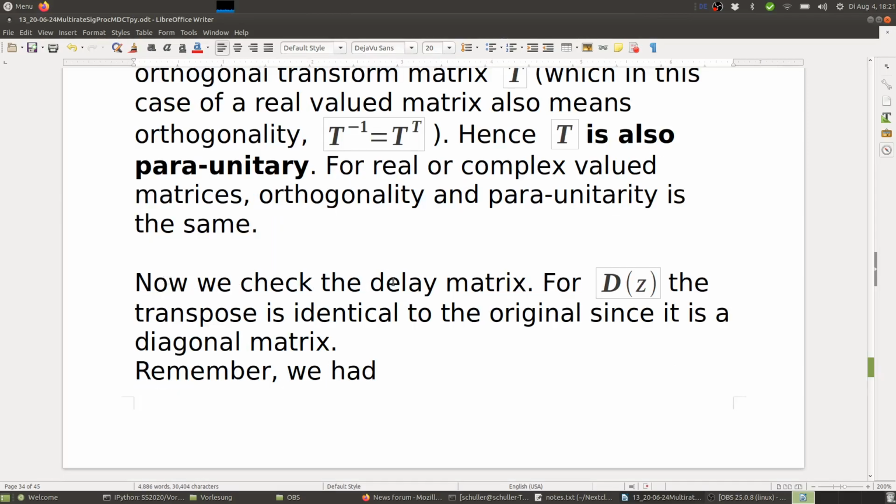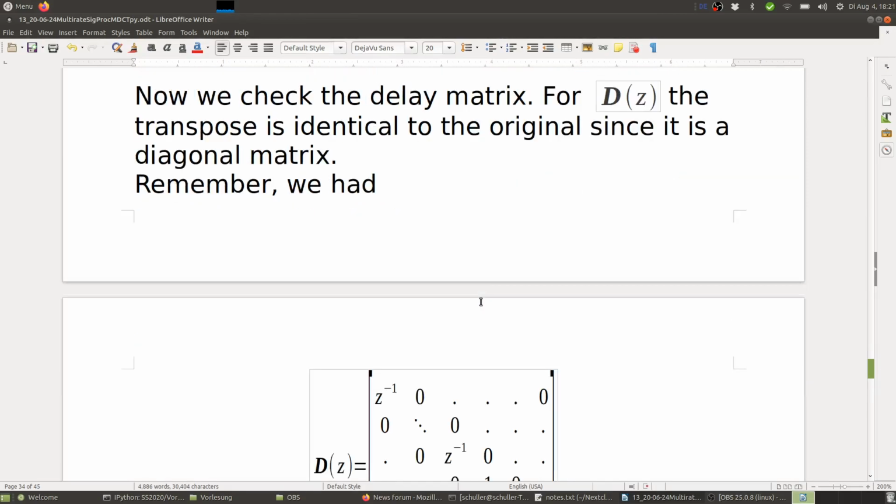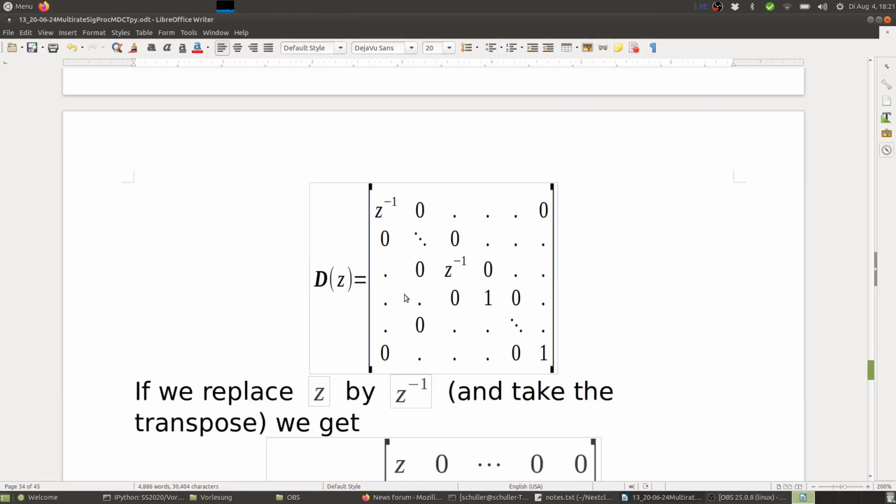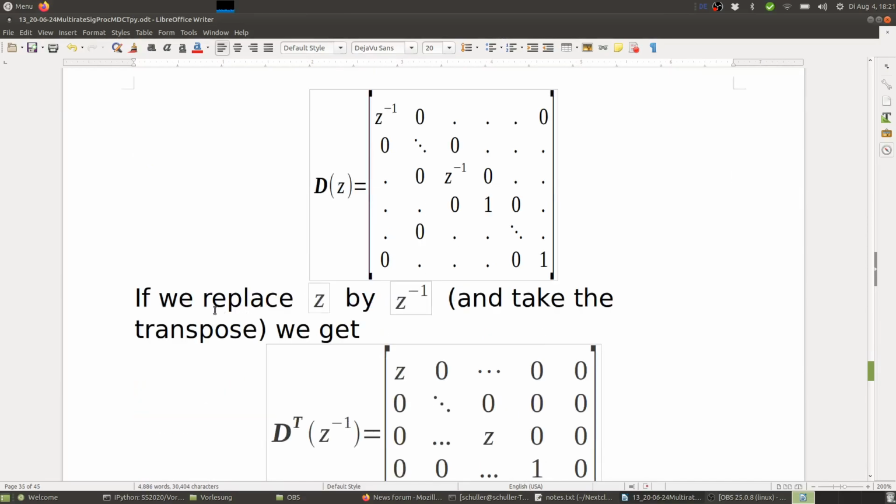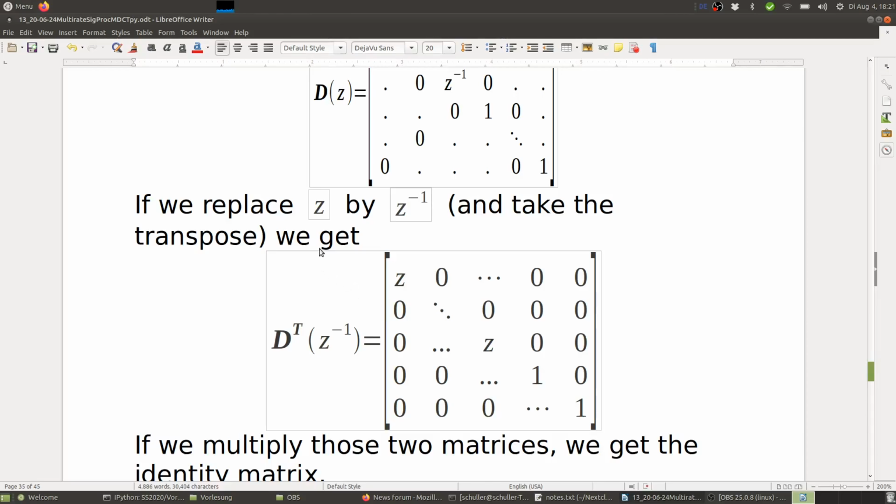Now we check the delay matrix. For D of z, the transpose is identical to the original since it is a diagonal matrix. Remember, we had this definition here. And if we replace z by z to the -1 and take the transpose, which is not really necessary here because it's a diagonal matrix, we get this. Right? So D transpose of z to the -1 is this.